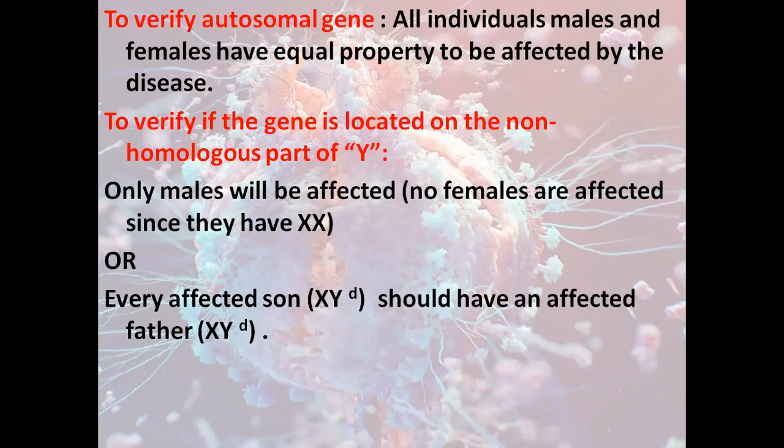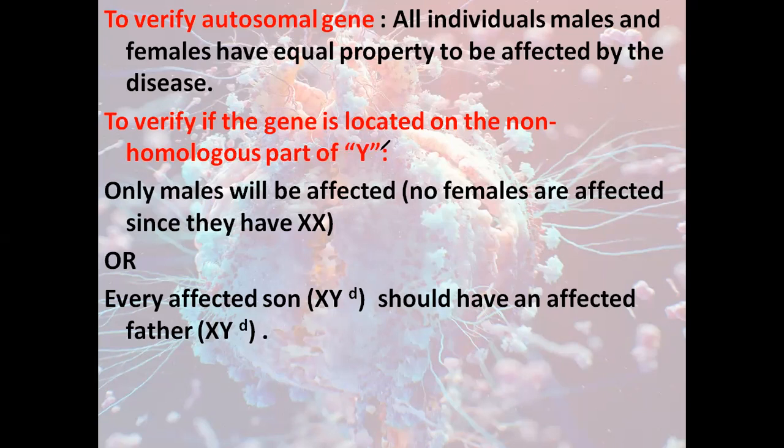Or to verify that the gene is located on the non-homologous part of Y, you have two cases and two solutions for this. The first solution is only males will be affected. Why? If the gene is found on the non-homologous part of Y, all of the females are going to be normal.